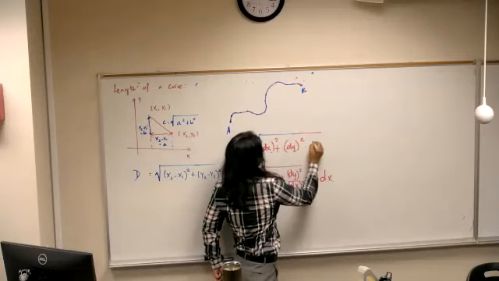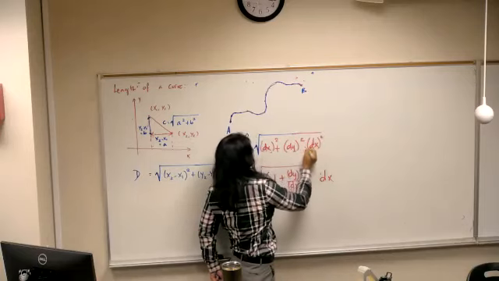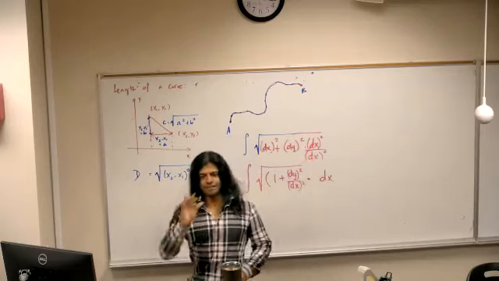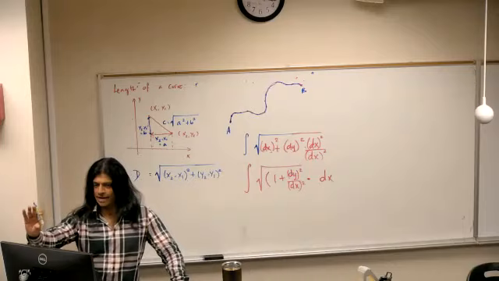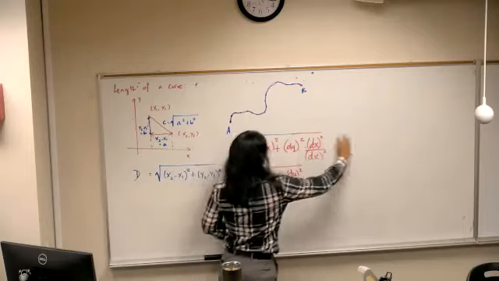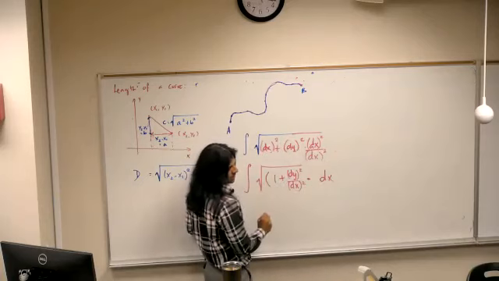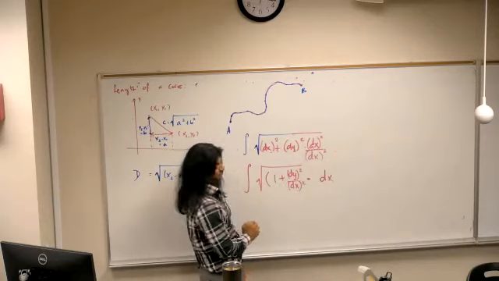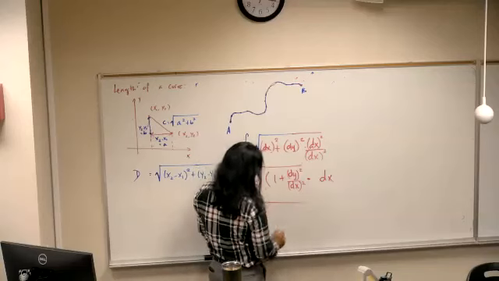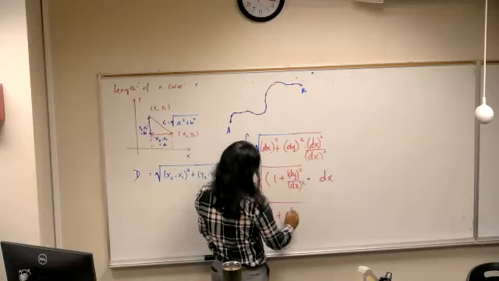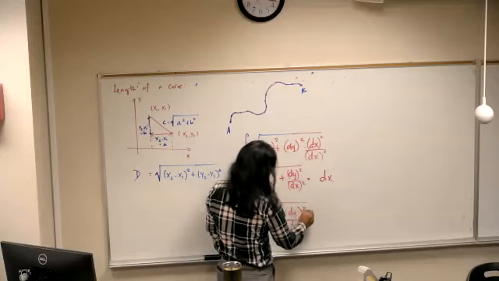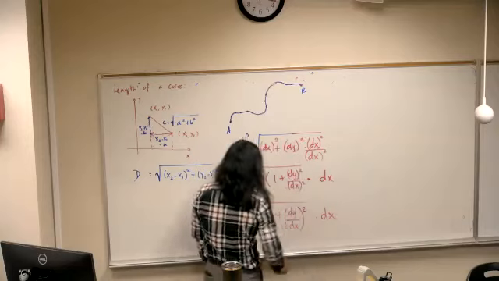What I did is multiply and divide by dx squared. Yes, and I'm pulling dx squared out. So when I take that out, I get 1. Take that one out, I simply have the denominator term. Good. Okay. Which I can write as square root of 1 plus dy over dx squared times dx.